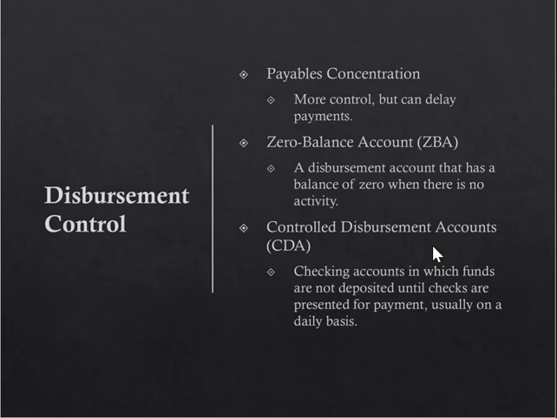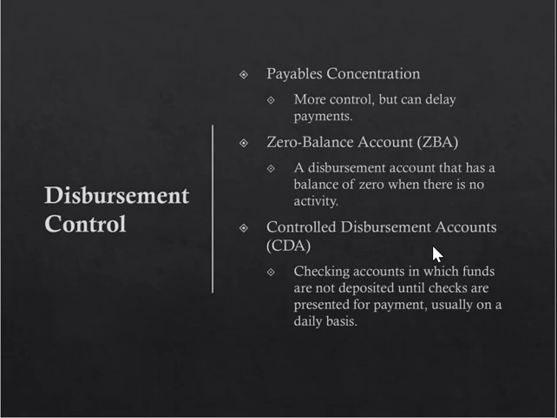We talked a little bit in the last chapter about zero balance accounts. A zero balance account is a disbursement checking account that always maintains a zero balance. You make your deposits into your ZBA and your checks clear against your ZBA, and the bank looks at the net balance. It looks at your daily activity and asks, did you deposit more money into this account than you withdrew? If so, it either uses the excess cash and sweeps it against your line of credit, or sweeps it into a savings account if you don't have a line of credit.